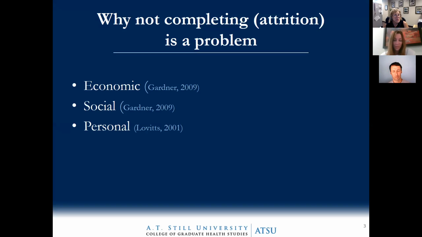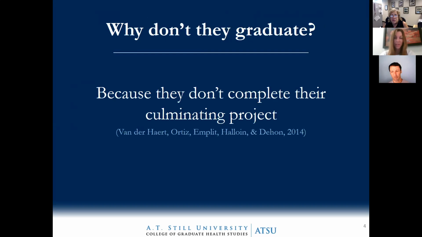And then at a personal level, a big reason to be concerned about graduate student attrition is that it can essentially ruin people's lives, and the decision to leave can have long-term effects on students' emotional well-being. So why don't they graduate? For various reasons, but a big one is that they are just not completing that culminating project.